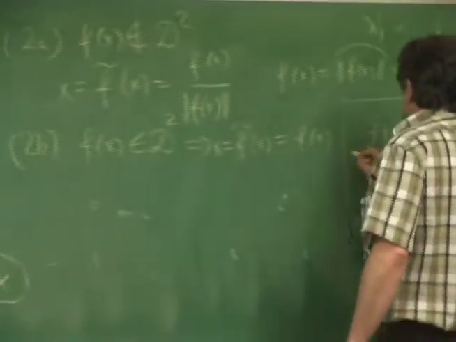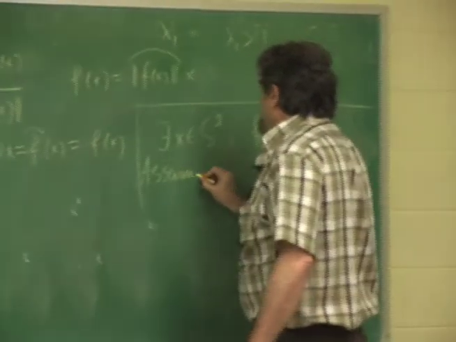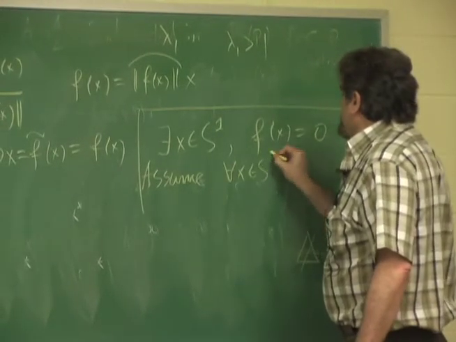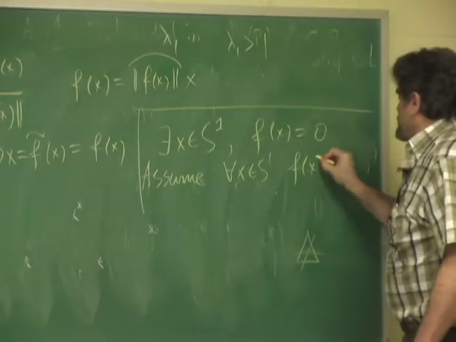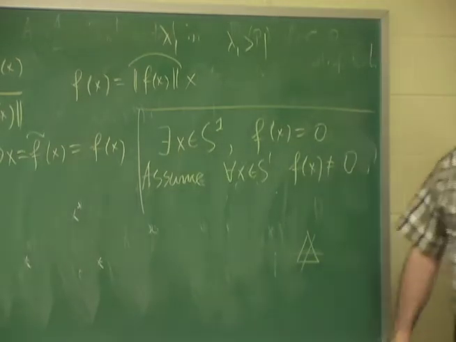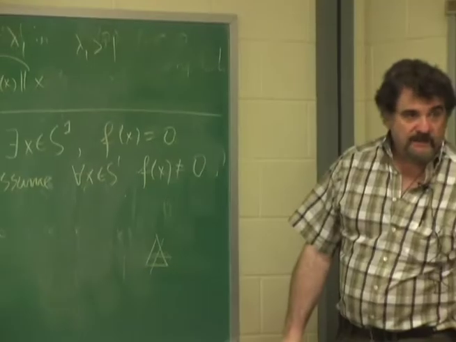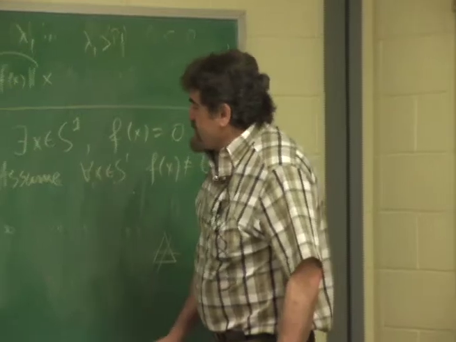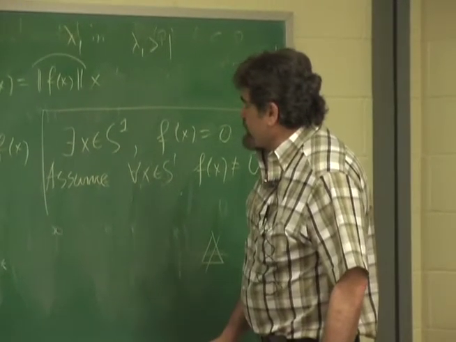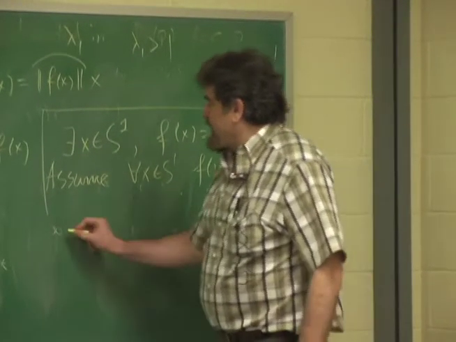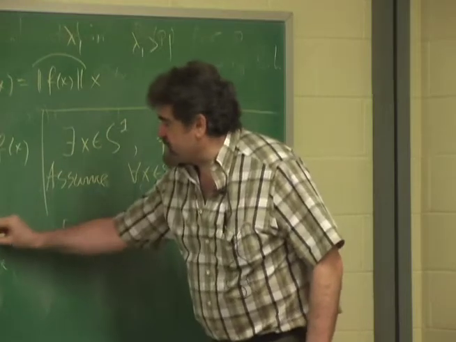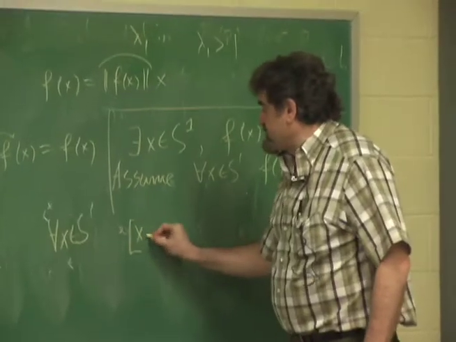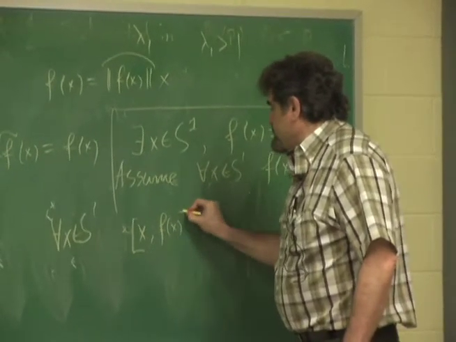So assume that for any x on S1, f of x is not 0. We have to consider only this option. Then consider for any x in S1 such a segment, x, f of x.